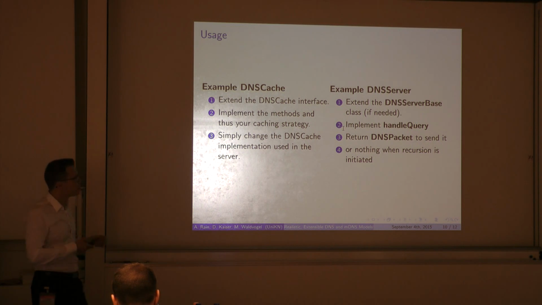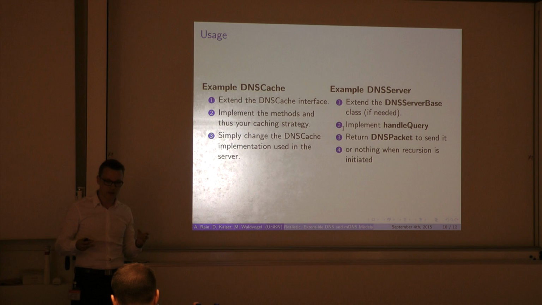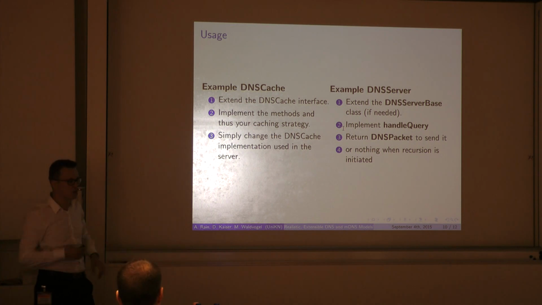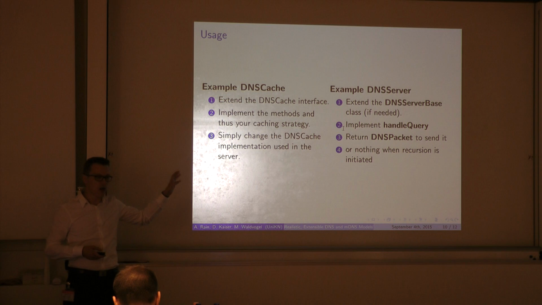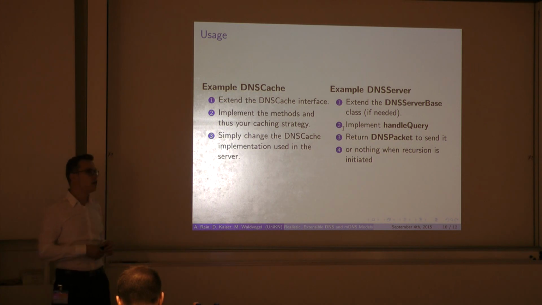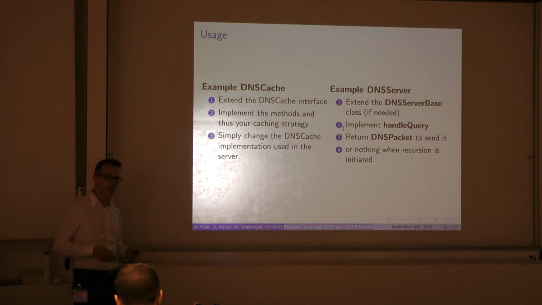On the other hand, if you wanted to implement a new DNS server which also has to support iterative resolving, as I've shown before, then you could just extend our DNS server base, which provides the API method handle query, which returns a DNS packet. Now, if a DNS packet is received, the implementation has resolved the resource, and a response can be sent to the courier.